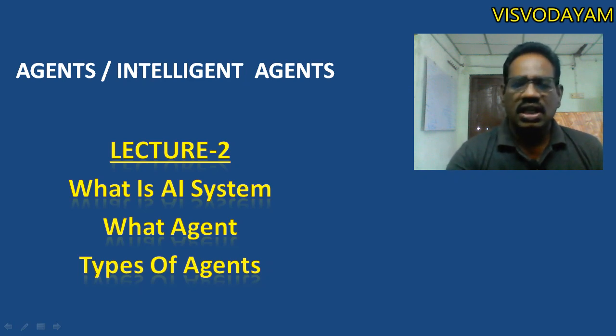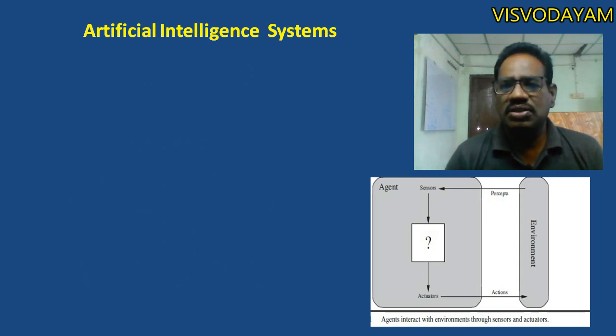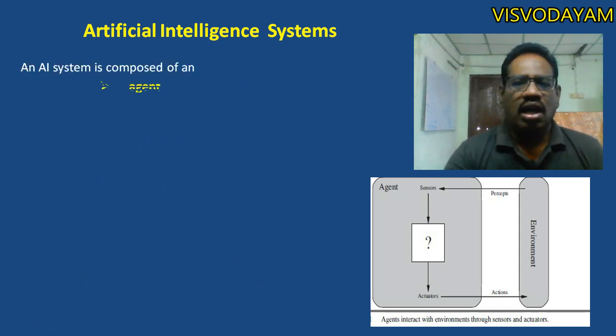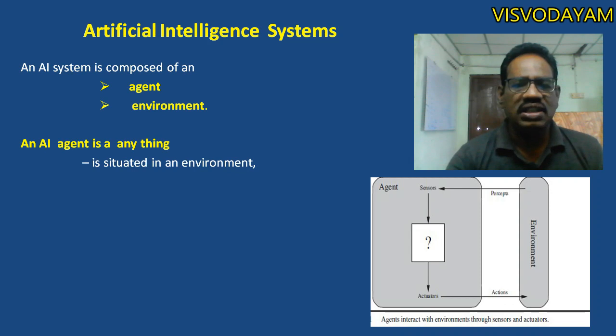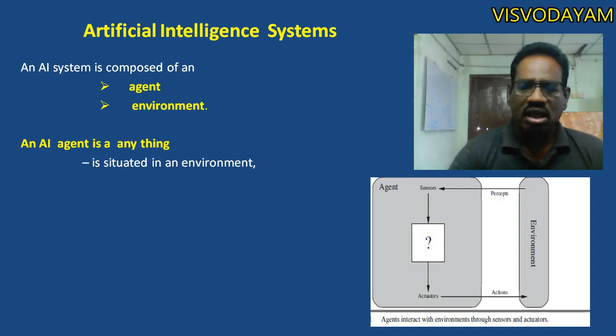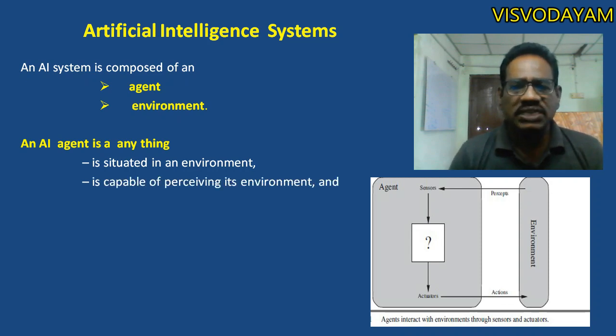So any artificial intelligence system consists of two major things. One is the agent, another one is the environment. An agent is anything that is situated in the environment. Along with the environment, it is capable of perceiving its environment for a particular design aspect.